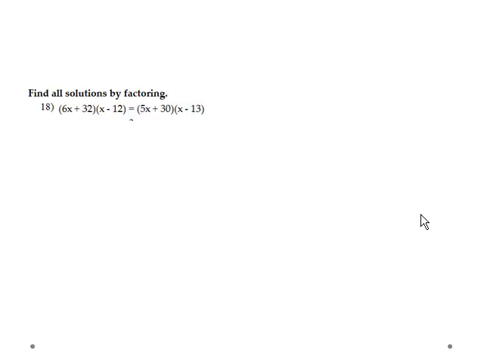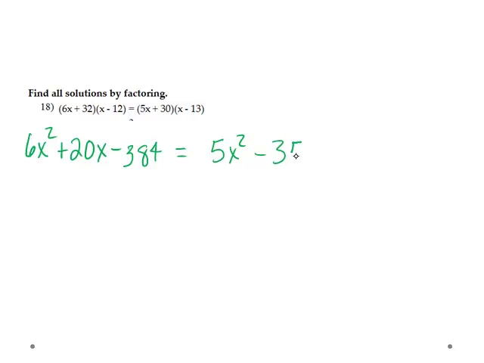Find all the solutions by factoring. Okay, so the first thing you have to do is multiply out both sides, and you get 6x squared plus 32 minus 12 is plus 20x. 32 times negative 12, oh man, 384, equals 5x squared plus 30 minus 65 is minus 35x minus 390.